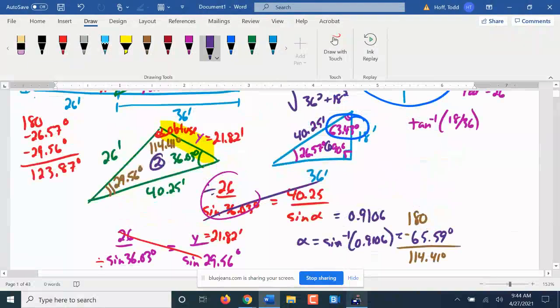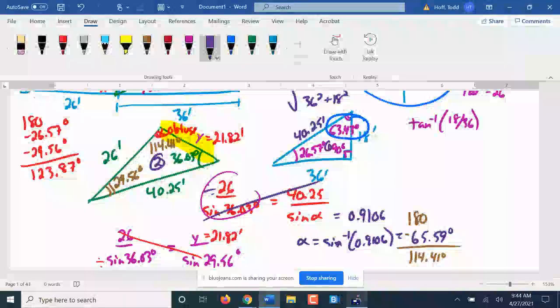There's no right angles there, so I have two options. I can use Hero's formula, adding up the sides to get the perimeter, do the semi-perimeter, go through all that. Hero's formula is really kind of tedious if you don't have a better way of doing it.